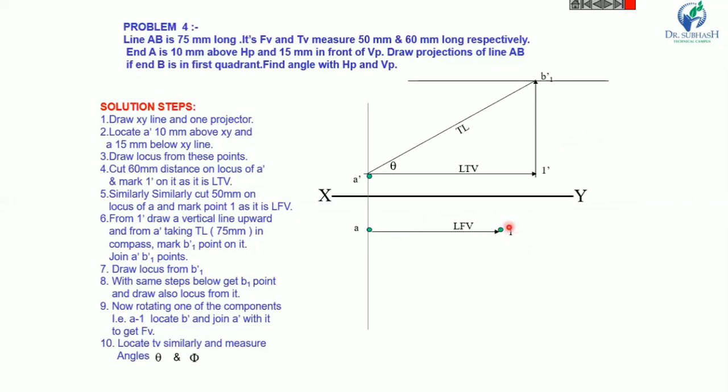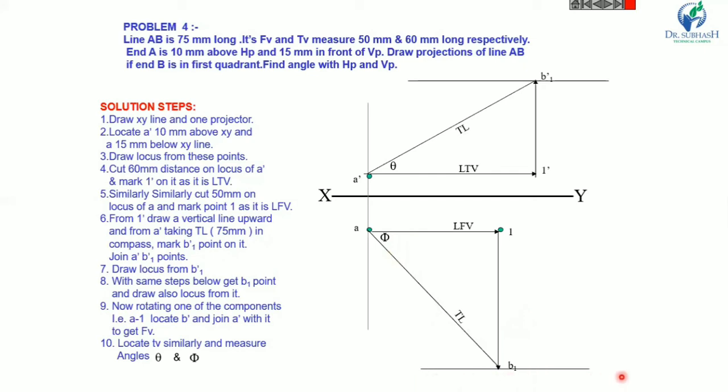And this A1 is 50 mm. From 1, draw a vertical downward line. So now from A, draw a line of 75 mm length. It will intersect at B1 and this inclination is phi of true length.